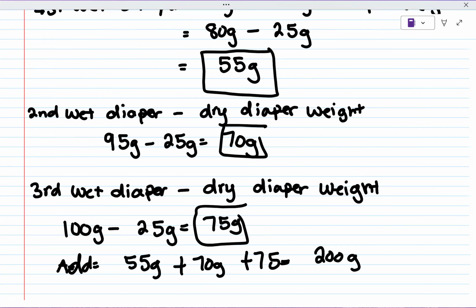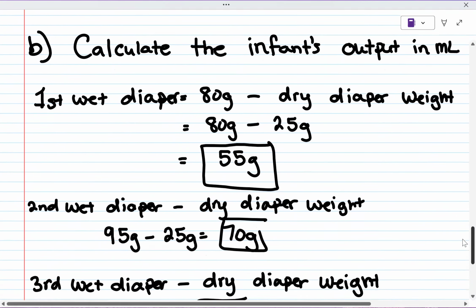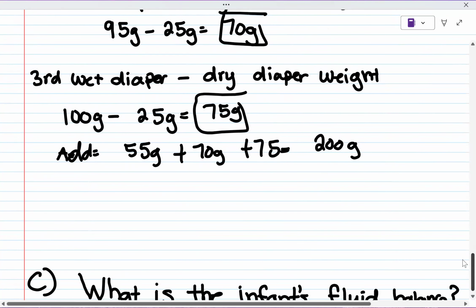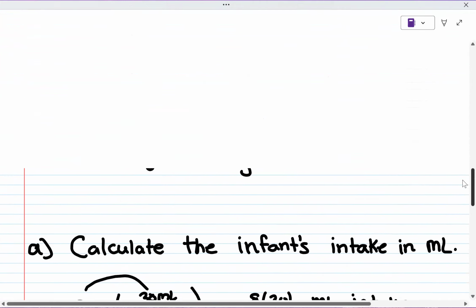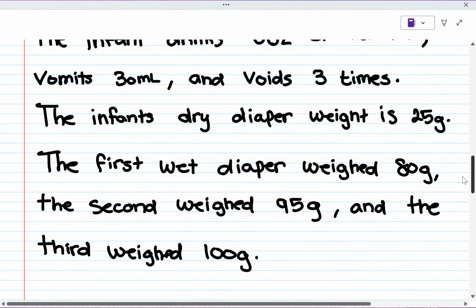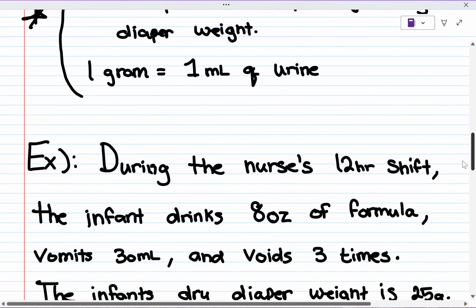Now, remember, we want it in milliliters, so that's not our answer, right? To calculate the infant's output in milliliters, we have to do a conversion. Remember, they specifically said right here that 1 gram is 1 milliliter of urine.